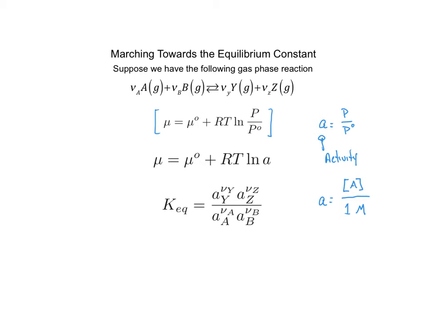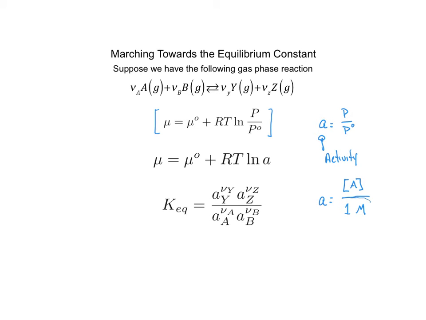And so this takes into account things like intermolecular forces, things like non-ideality, things like complexation, where the concentration that we actually have in our solution is not exactly what our idealized solution would be. So this activity is actually the term that is found in the expressions for K and for Q, the reaction quotient.